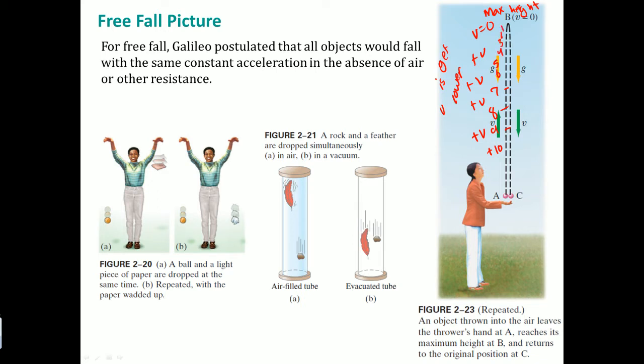It hits 0 here. Then it comes back down: negative 1, negative 2, negative 3, up to negative 10, because it has negative acceleration. The reason is that gravity is negative 9.8 meters per second squared. That is what is causing it to go back down.